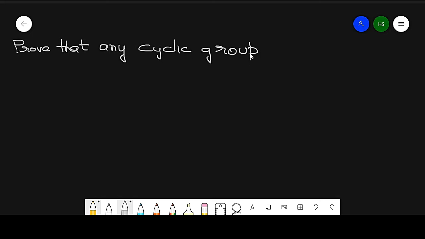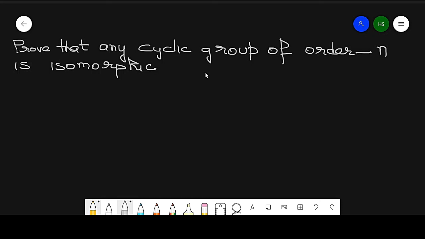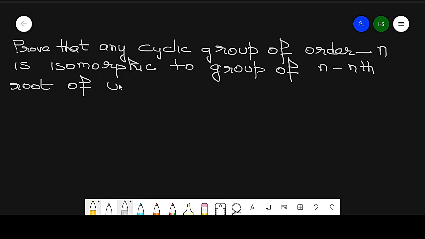The statement is: prove that any cyclic group of order n is isomorphic to the group of nth roots of unity under multiplication.